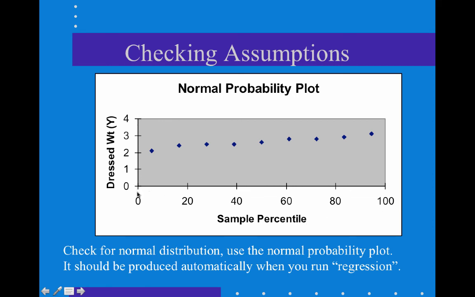And then it plots that percentile based on the response variable, the dressed weight. So if the dressed weight is very low and you have very few of those reporting as a low dressed weight, and you have quite a few of them up in the higher percentile, we can assume that our data follows normal probability.